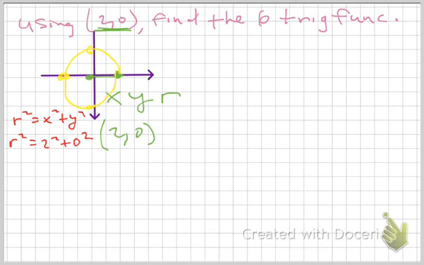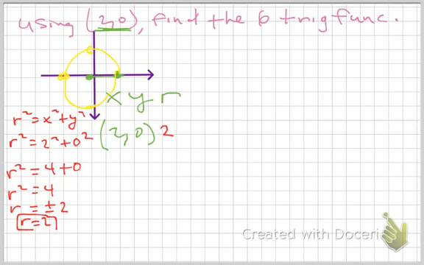Then I get r squared equals 4 plus 0, r squared equals 4, r equals plus or minus 2, but I only accept which answer, class? I'm only accepting the positive answer because the radius is a length, and length or distance are always what? Positive.